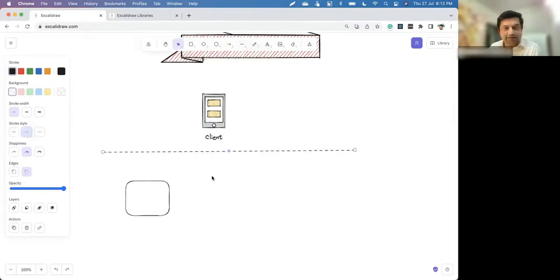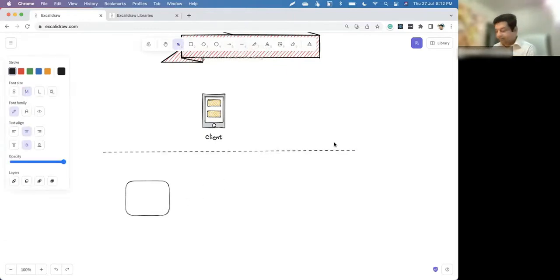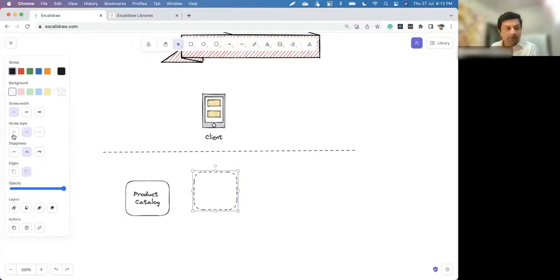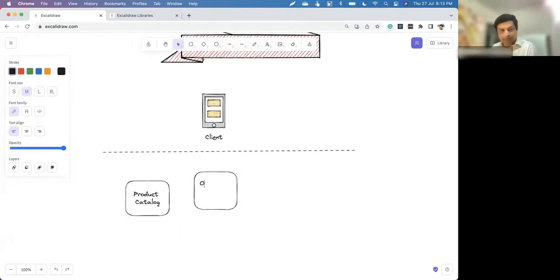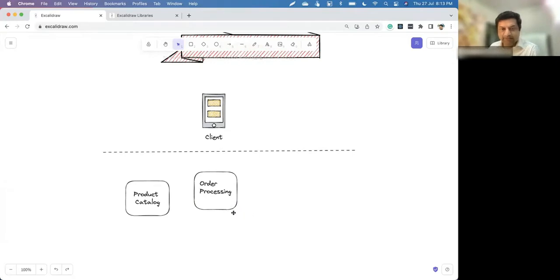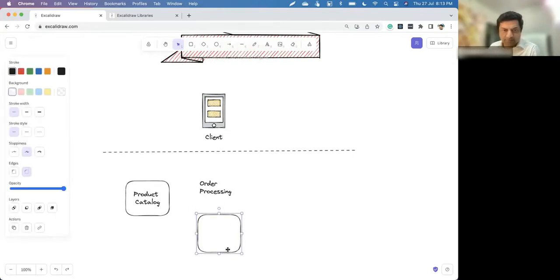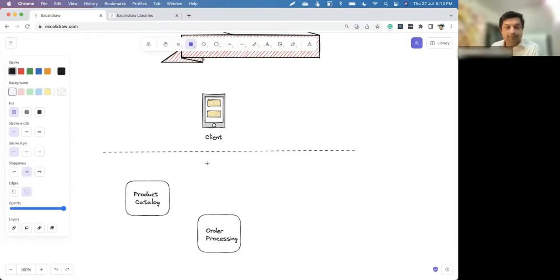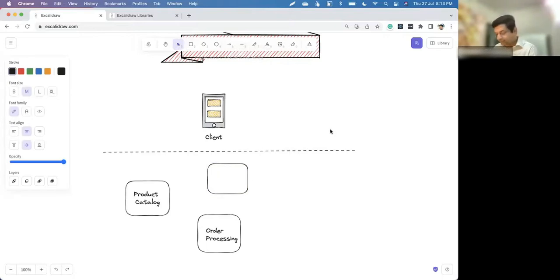Okay, let me divide it with a dotted round line. We have various microservices. Say we have product catalog, right? This is a microservice. Then we have probably another service which is called order processing. Let's have another service, which is, let's say, the shopping cart service, right?